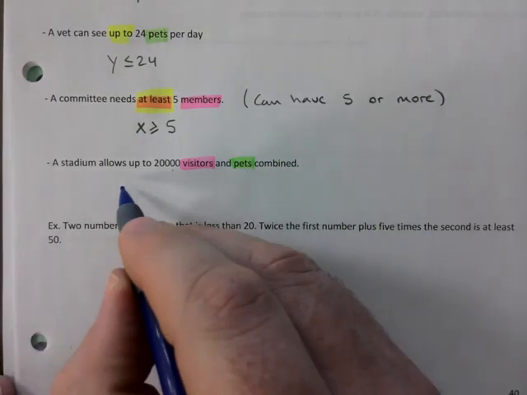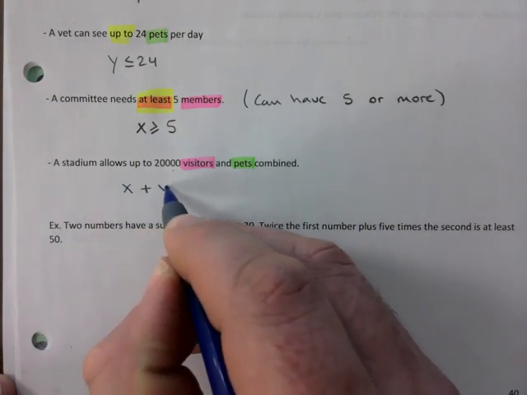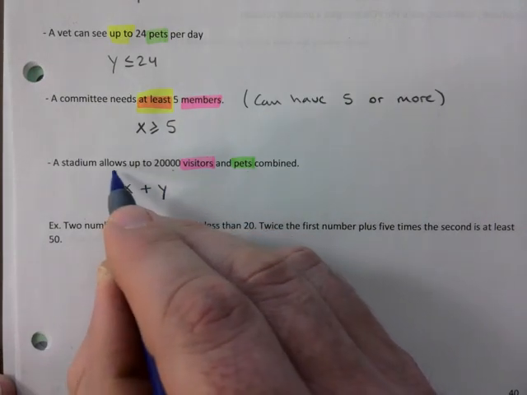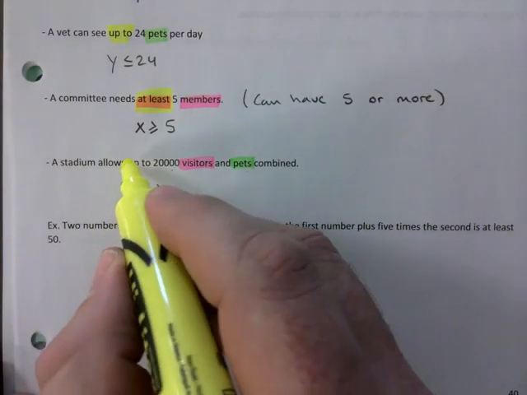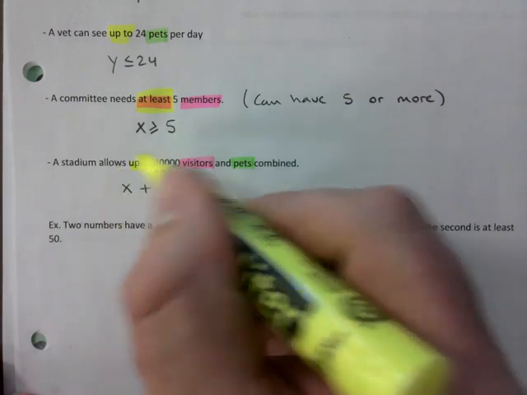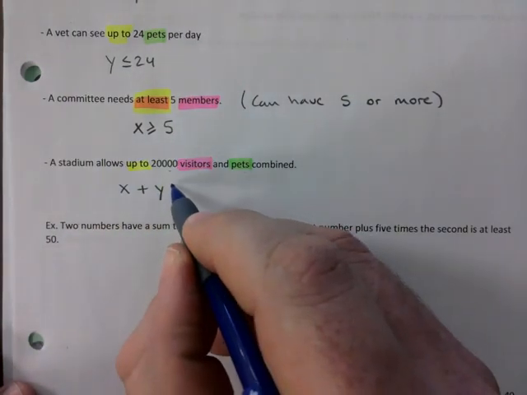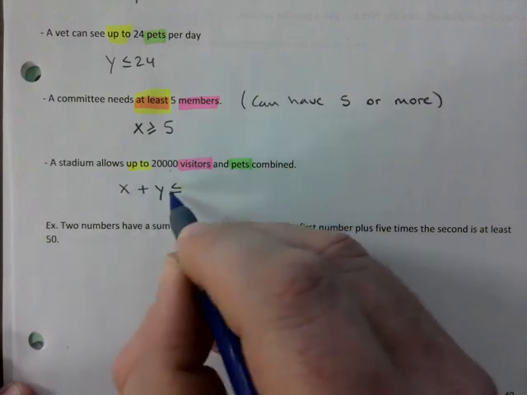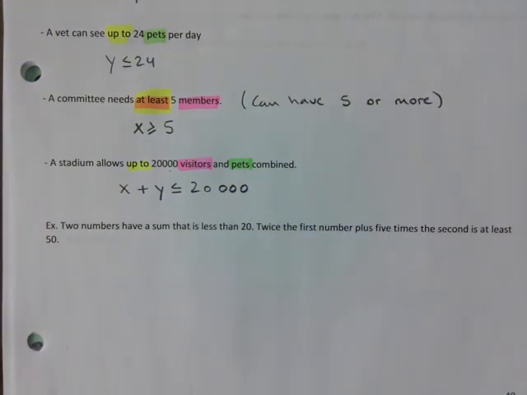We're combining them, and you see allows up to, that's the keyword. A maximum of 20,000, so the number of them combined cannot be greater than 20,000. That has to be less than or equal to 20,000.